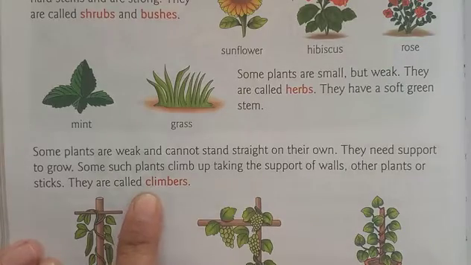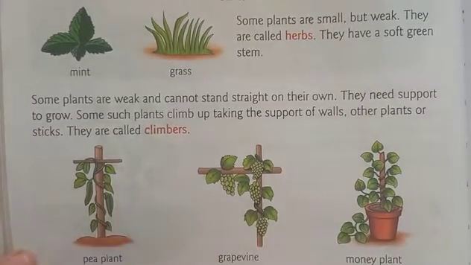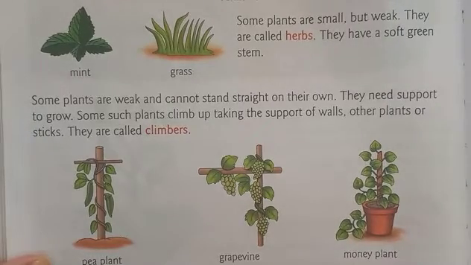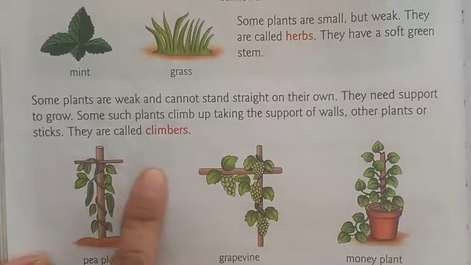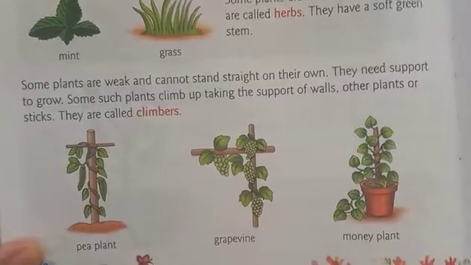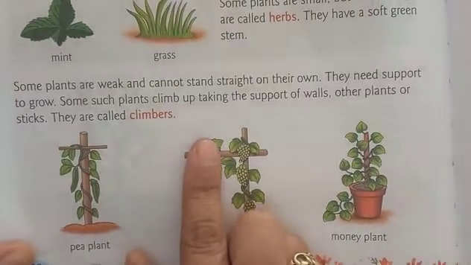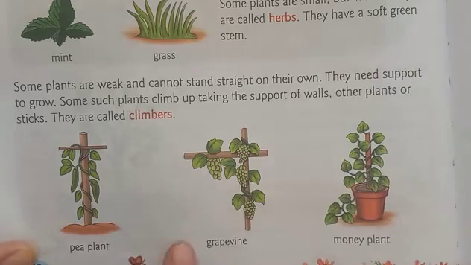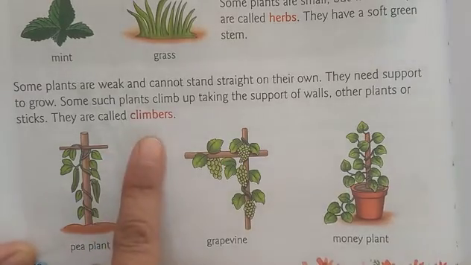Okay. Then there are, for example, pea plant, grapevine, money plant, and there are many climbers which we see around us. They need support to grow up. Okay, they can't stand on their own because the stem is weak and delicate. So they need support to grow. They are called climbers. Okay.